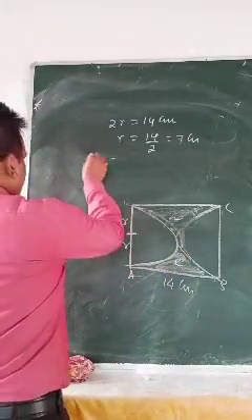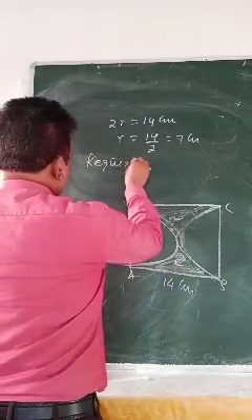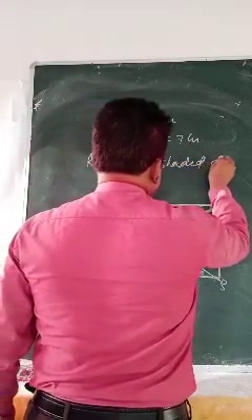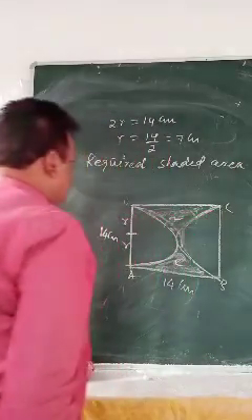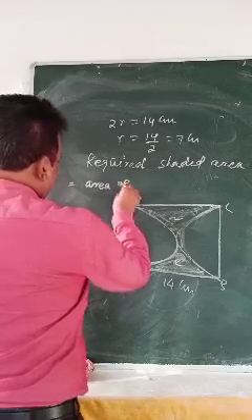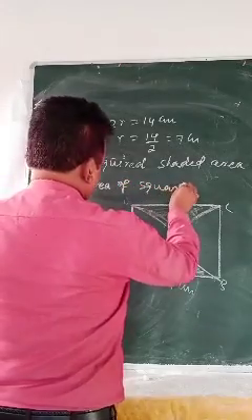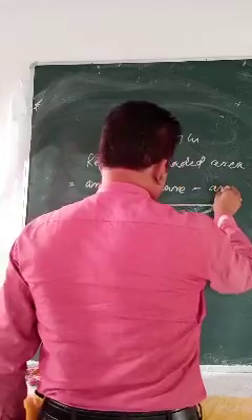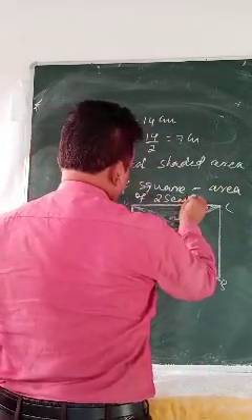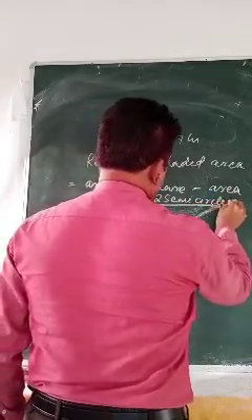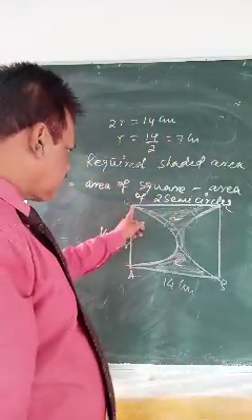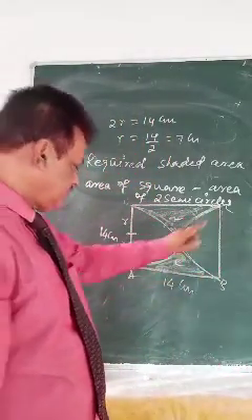So the required shaded area equals area of square minus area of two semicircles. What is the area of the square?